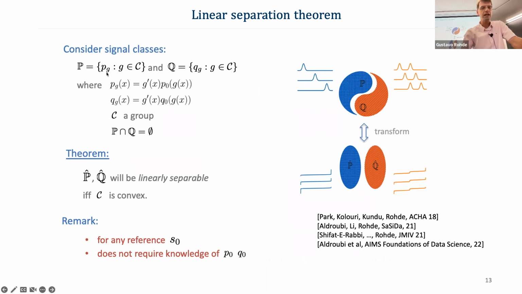If you have the signal classes that are generated under this generative mechanism here, and you say you have C, your group from which your push forwards are being functions is a group, convex group, and so on, then this type of transform that I just described will generate convex sets. Right? So those are nice things to have.